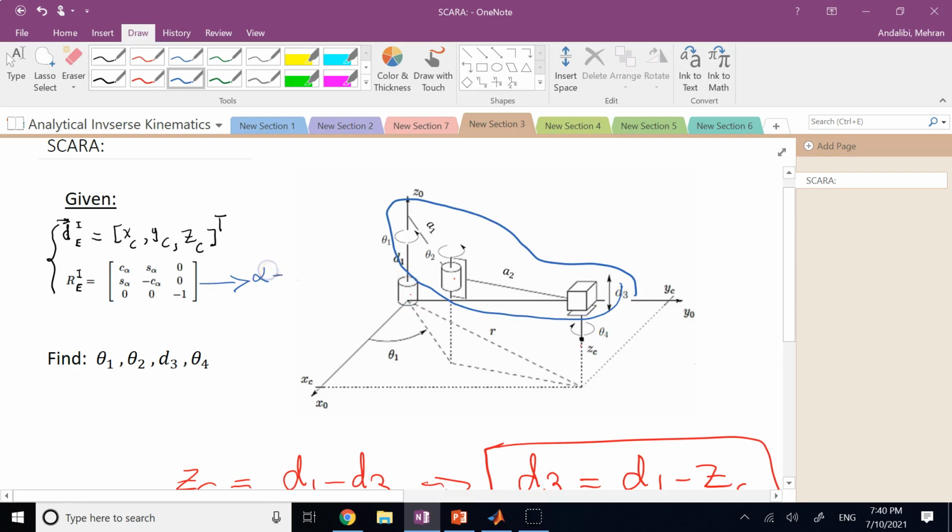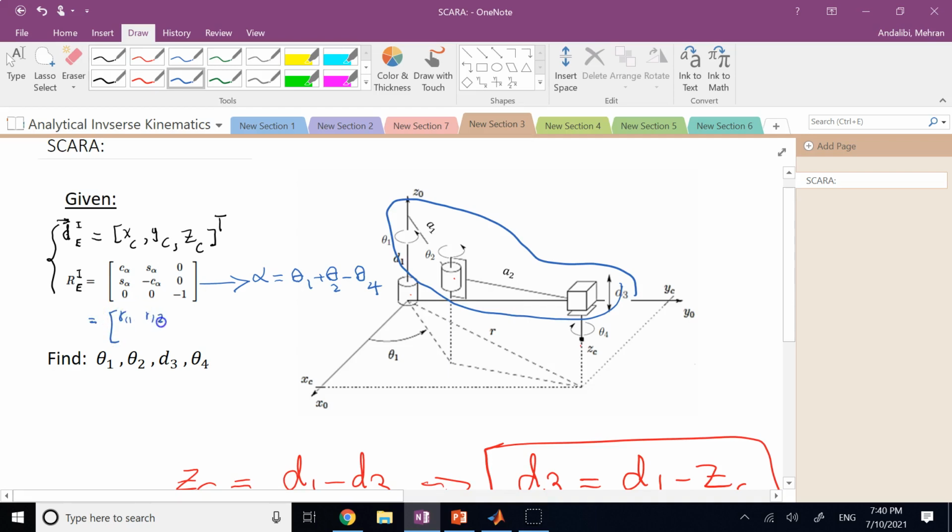This alpha, if you remember from our forward kinematics equations, is theta 1 plus theta 2 minus theta 4. Okay, so if this R matrix that they gave me in general is something like what?